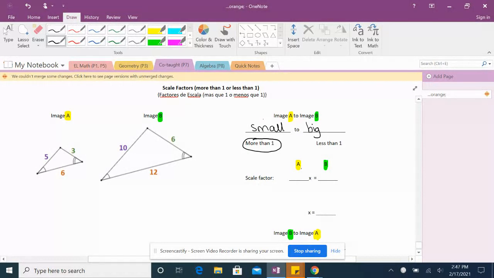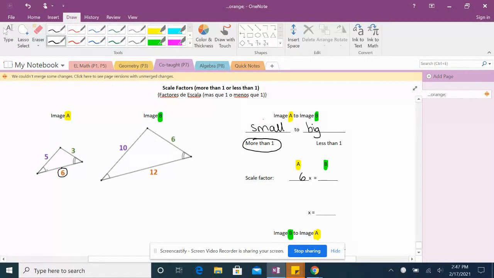Scale factor. So for A, I'm going to choose a number. It doesn't matter which one. Para el factor de escala, puedo escoger un número a la izquierda con la A, no importa cualquier. I chose 6. 6 is between 1 and 2 tick marks.